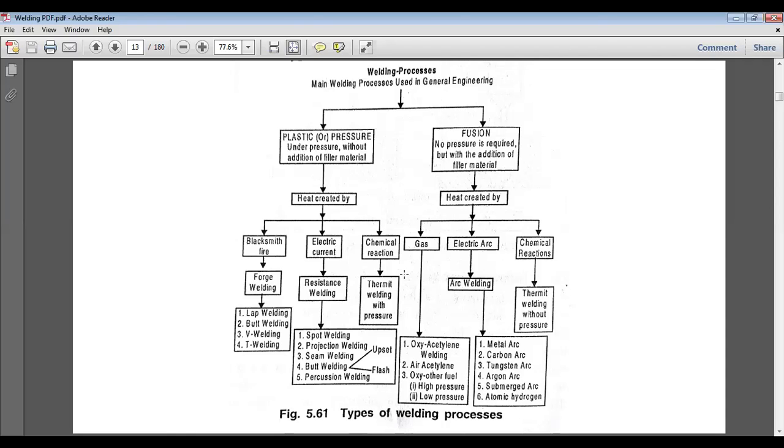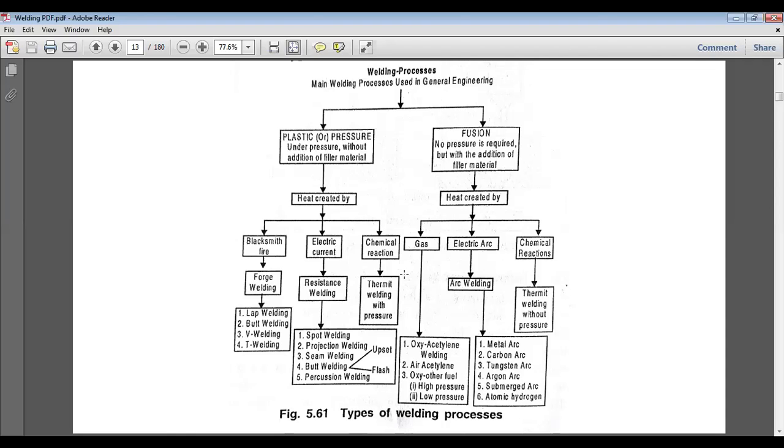Another type we discuss is fusion, where we don't apply pressure, but at the same time we apply filler metal or extra metal that combines with both the parent metals. In this fusion welding, heat of coalescence is produced by gas, electric arc, and chemical reactions.